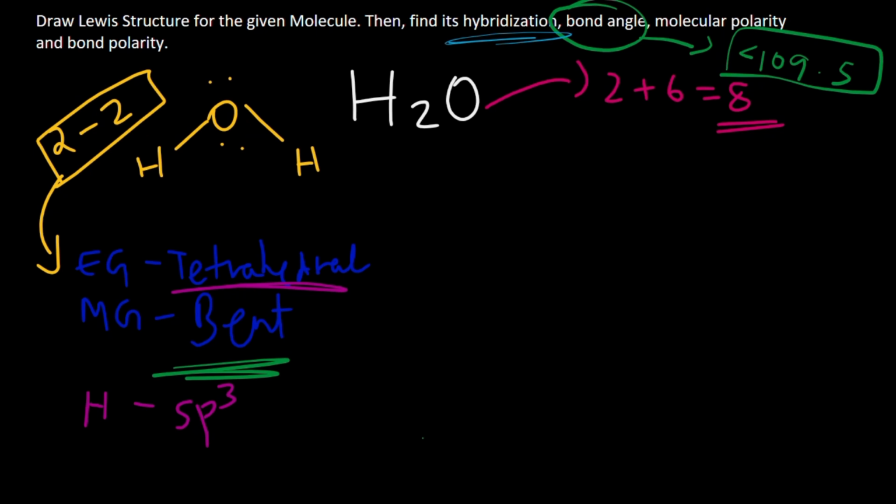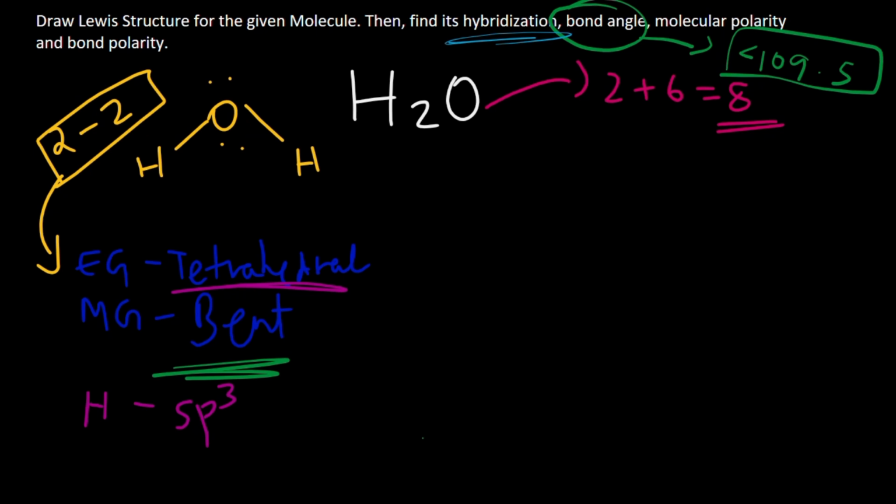Okay. Now, what else can we get from this? Well, there's a lot of stuff. We got our bond angle, and we got our hybridization. So we could also identify the polarity. By looking at the Lewis dot structure, we could figure out the molecular polarity.